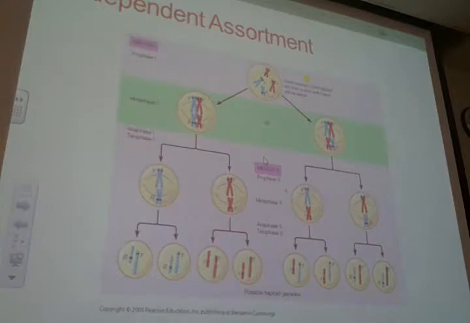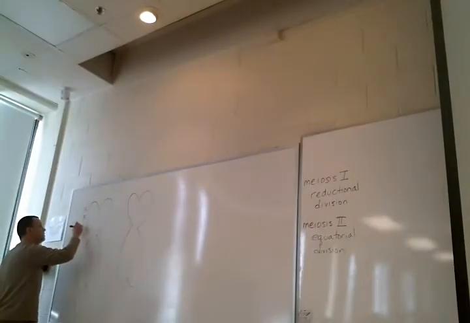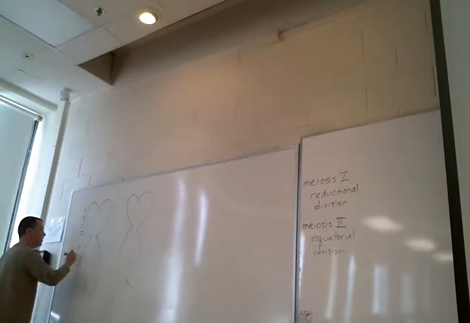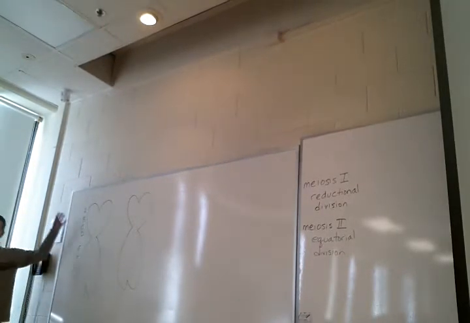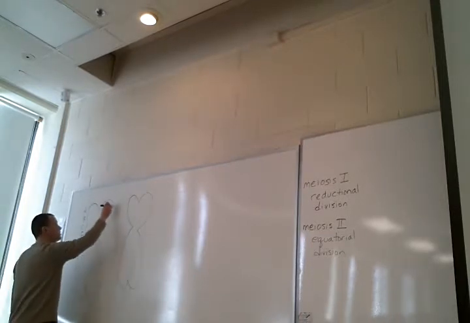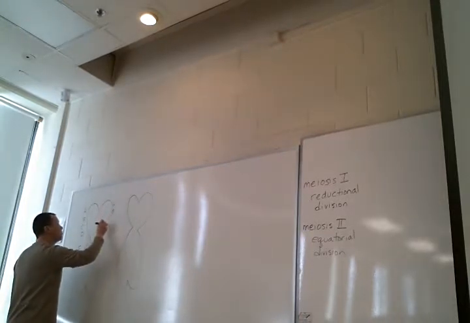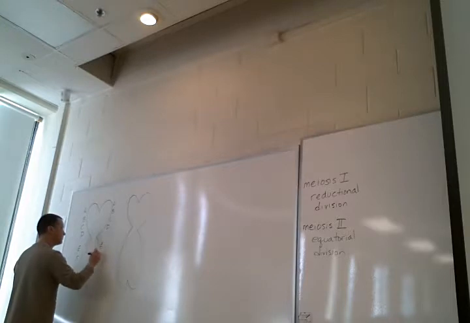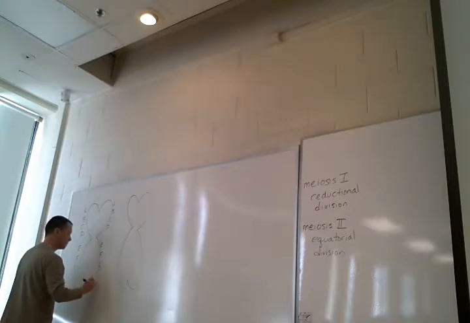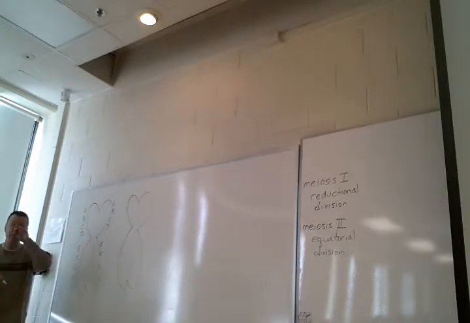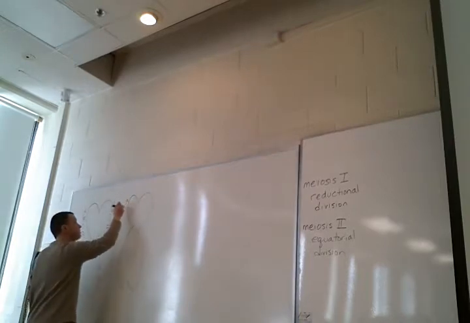Okay, so here's one pair. There's one homologous pair. Let's put a bunch of genes on this. And just for simplicity, we'll make one chromosome have all the dominant alleles, so all the capital letters, just to make this simpler. And we'll make the homologous chromosome have all the recessive versions.